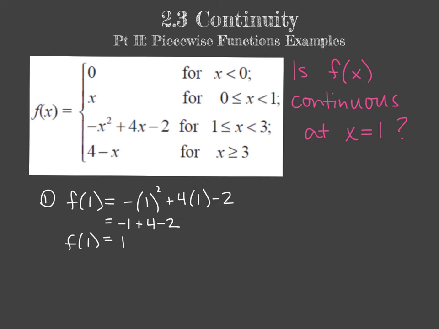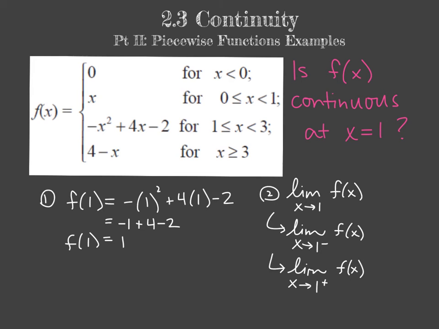Cool. All right, the next thing that we want to look at is the limit as x goes to 1 of our function. And we do have to look at the left and the right since it's a breaking point. If we look at the limit from the left, we need to look up here as we approach 1 from the left, and whatever we plug in, it is that value.